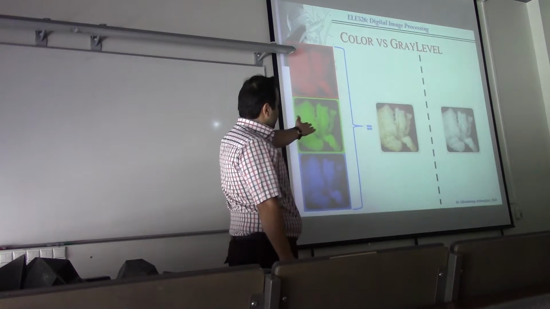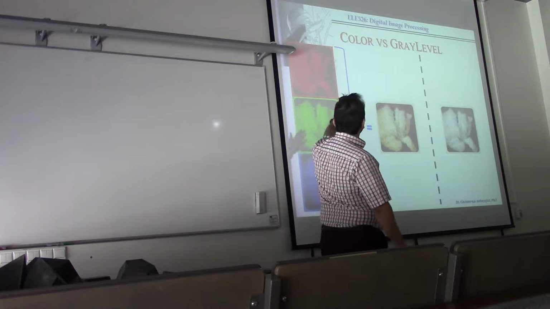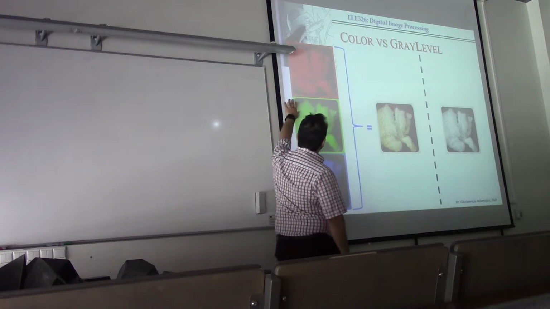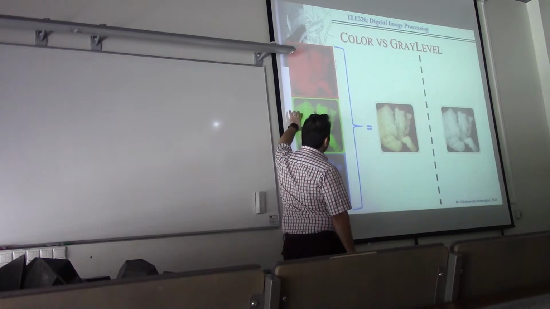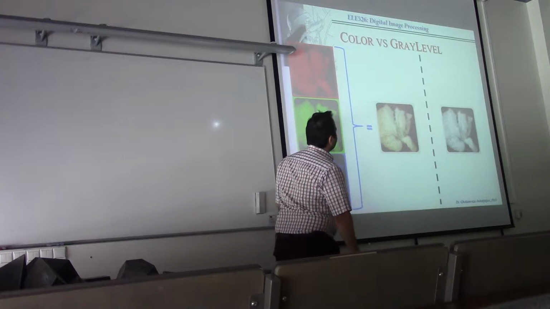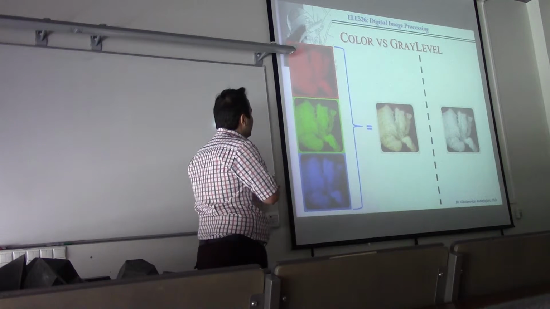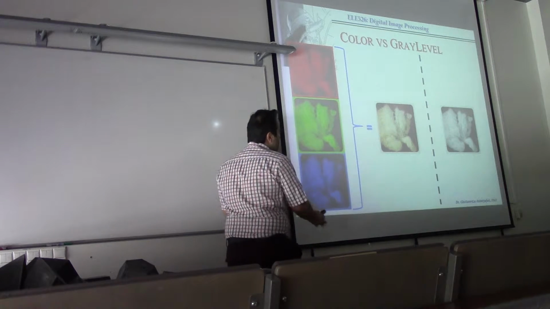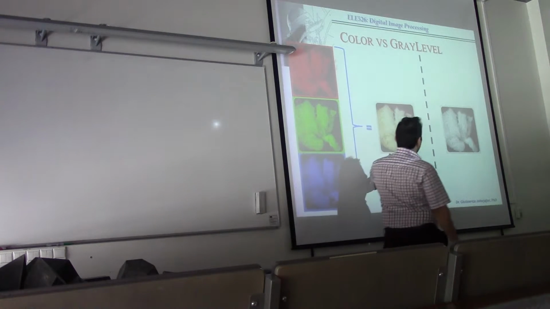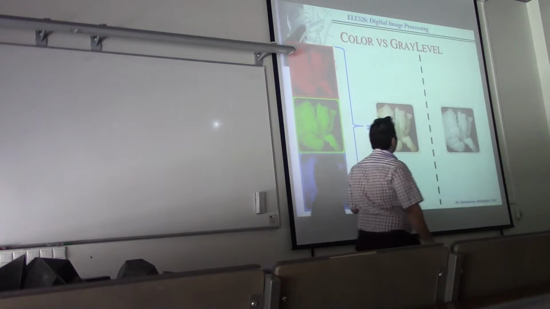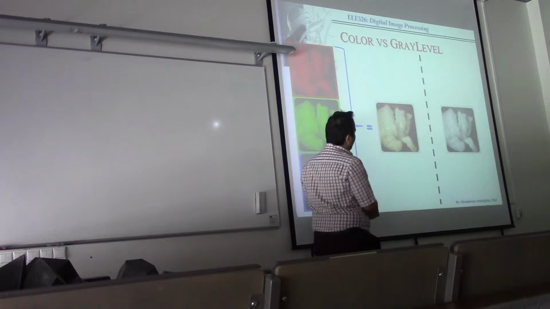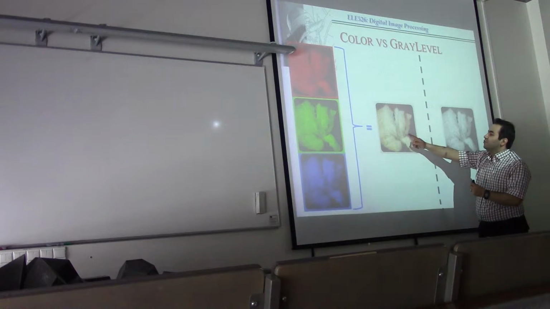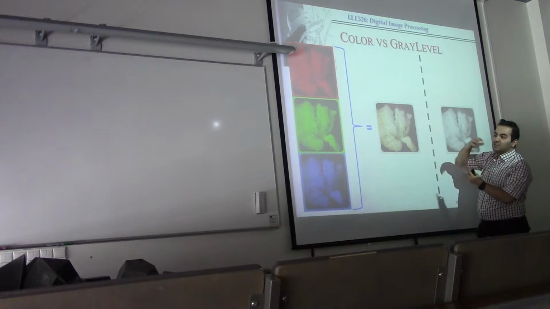As you can see here, we have the image in red, the image in green, and the image in blue. When we combine these images in RGB, we can generate a color image. For example, for this part we don't have just red or green or blue.